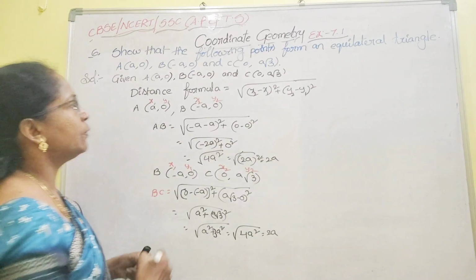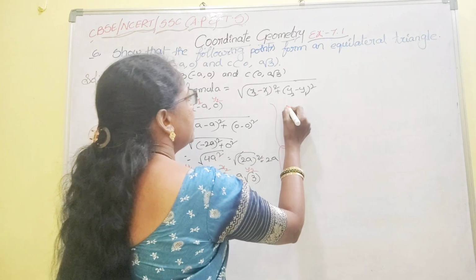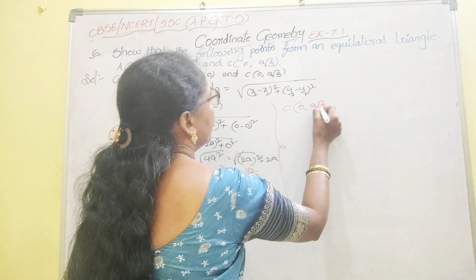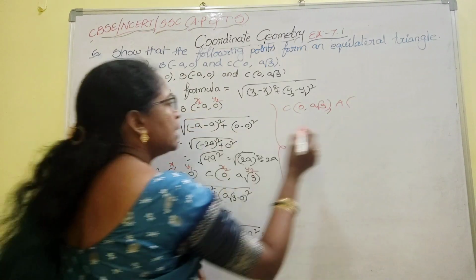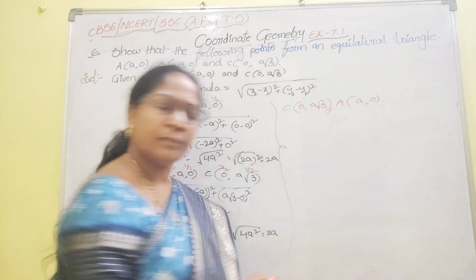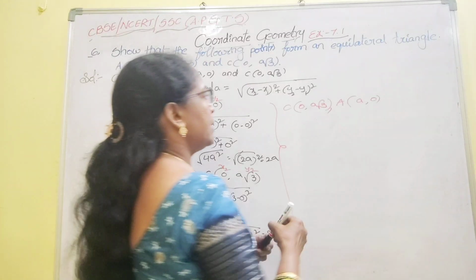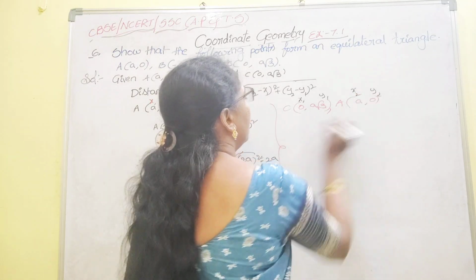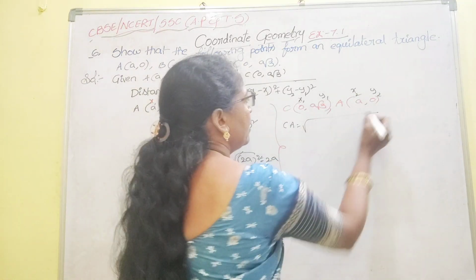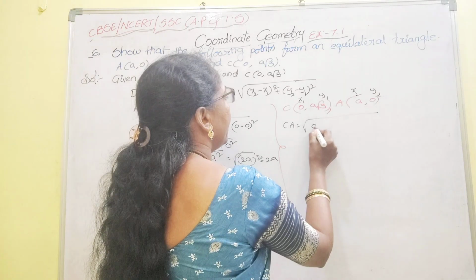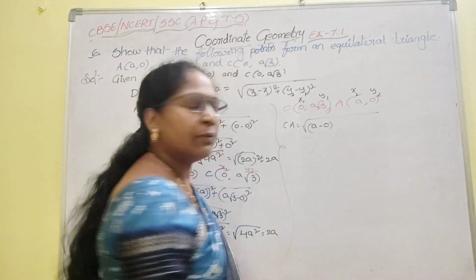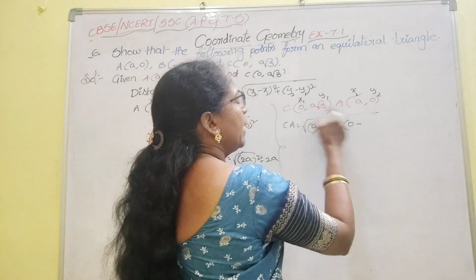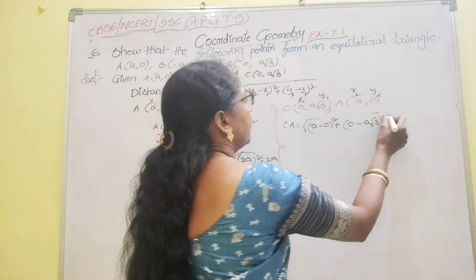Now you have to find out the next distance, CA, where C point is (0, a root 3) and A point is (a, 0). Again you have to assume that these points are x1, y1, x2, y2. Now CA equal to square root of, where x2 equal to a minus x1 equal to 0, so a minus 0 whole square plus y2 equal to 0 minus a root 3 whole square.